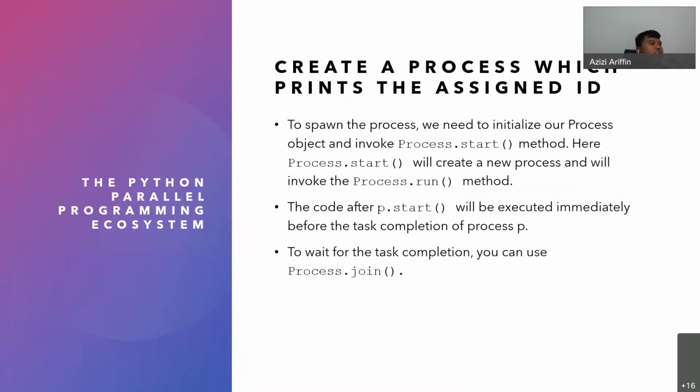Okay, so to spawn the process, we need to initialize our process object and invoke start. Bila kita buat start process ni, dia akan start function yang kita dah setkan apa yang dia nak buat. Okay, so the code after p.start will be executed immediately, before the task completion of p. Right? Tapi kalau kita nak buat dia synchronous, kita nak minta dia tunggu, kita boleh gunakan process.join.